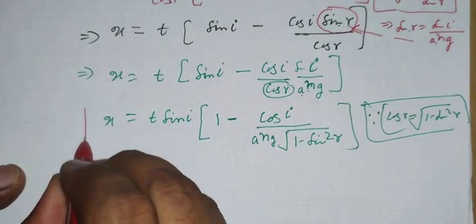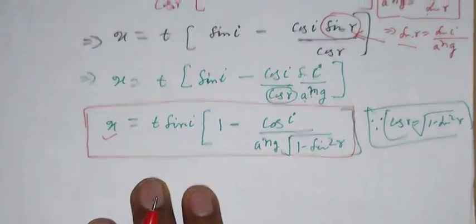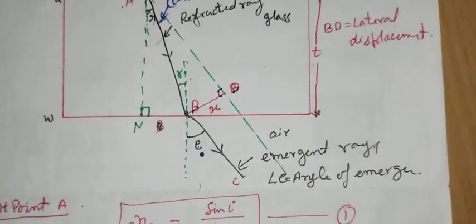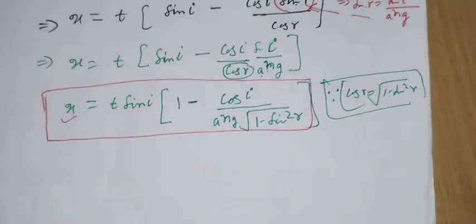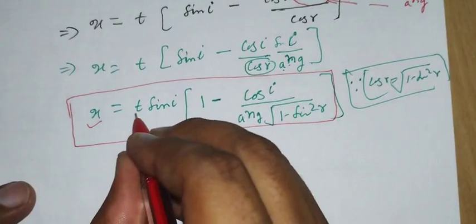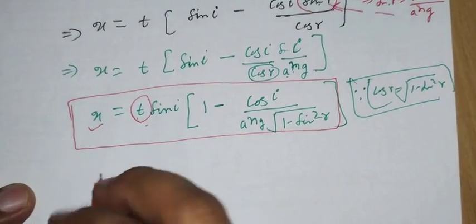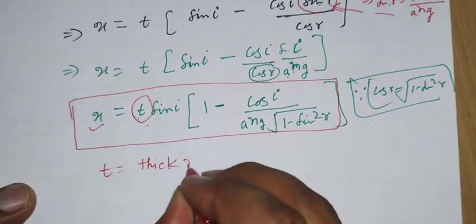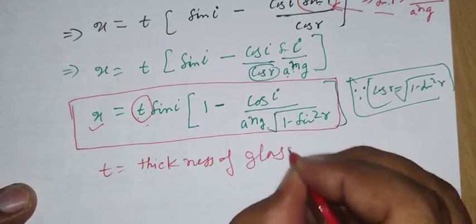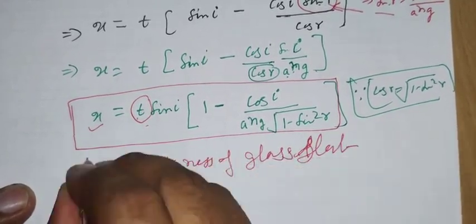So see carefully here in this diagram, the lateral displacement. What is a lateral displacement? See in the diagram, it is x. This lateral displacement, students, depends on what? The first factor is T, the thickness of the glass slab.